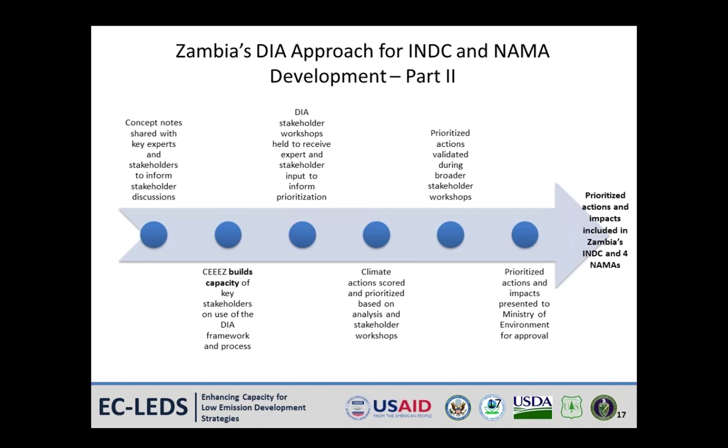The validation took place at national level, that is for the INDC. The final prioritized action and impacts were later submitted to the Ministry of Lands, Natural Resources and Environmental Protection for approval before they were submitted to the UNFCCC.